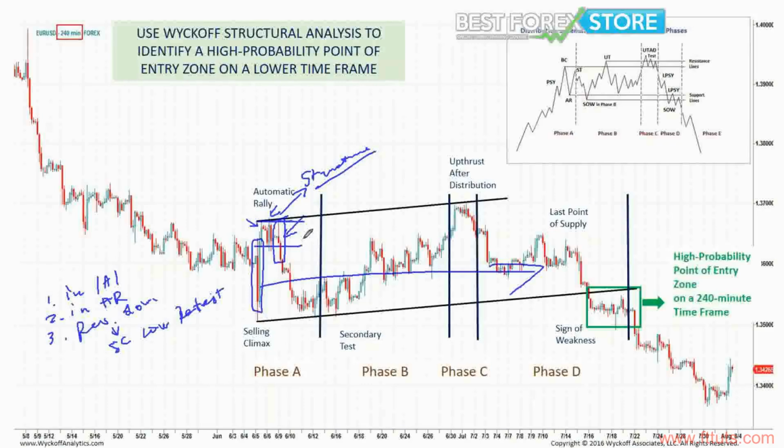Now, as we are entering this, we are still thinking long-term structure, climactic action, automatic rally. We need to experience a secondary test, which is going to be a test of the previous climactic action. And now our target is going to be this close and this low, so we could use it like that. So this is where we would expect the price to come.